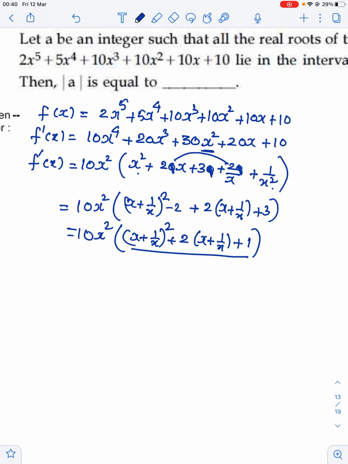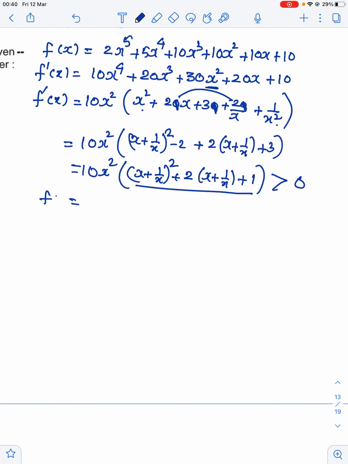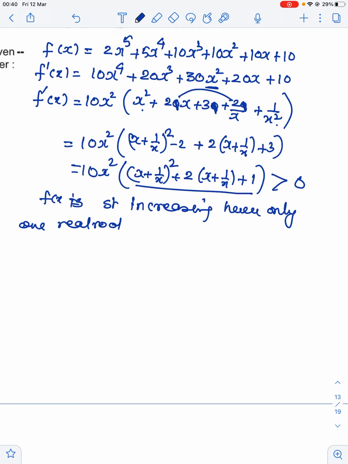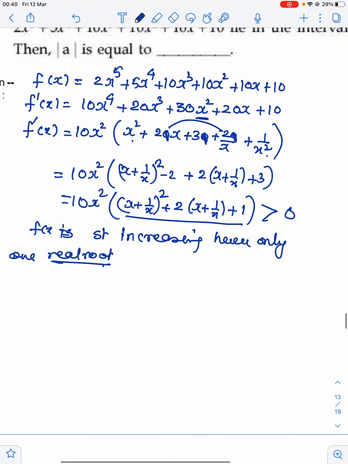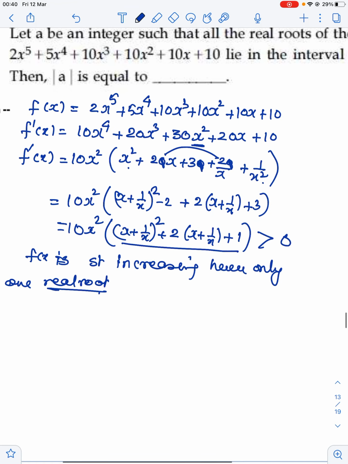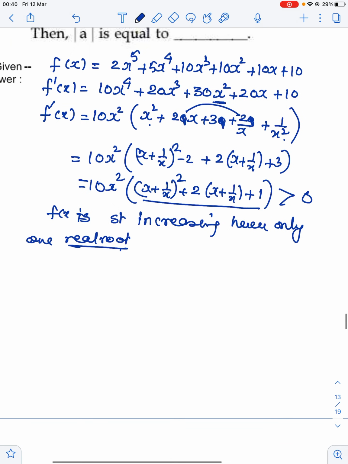So this is again a perfect square. So this is a positive number and the function is strictly increasing, hence only one real root.